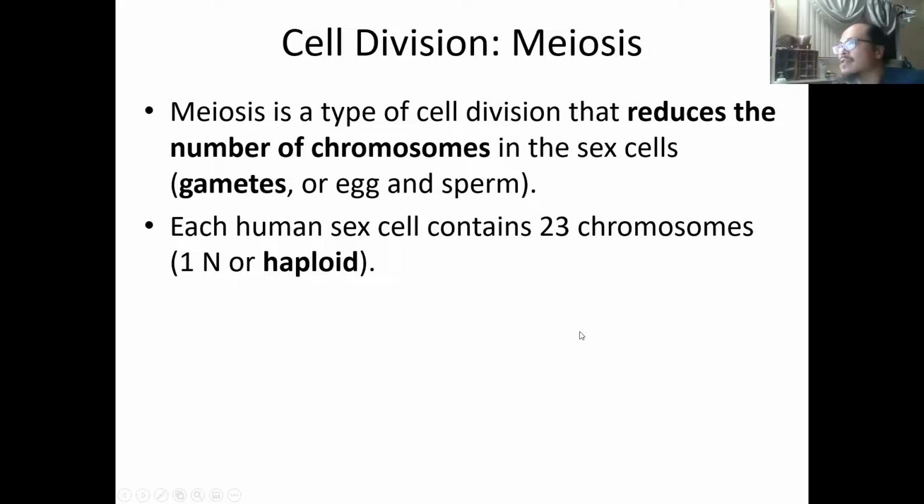Another thing about cell division is meiosis. Mitosis is the mechanism that works very well for somatic stem cells. You have stem cells in the bone marrow, and they will produce exactly the same stem cells in the bone marrow.